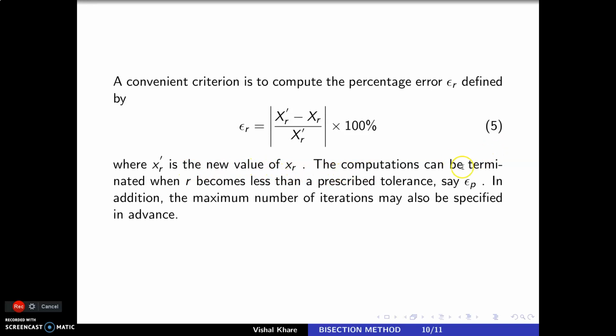The computations can be terminated when EP becomes less than a prescribed tolerance, say ε. In addition, the maximum number of iterations may also be specified in advance.